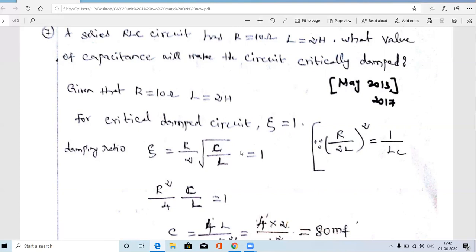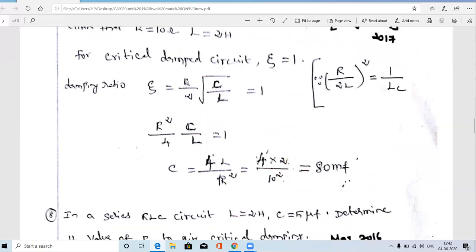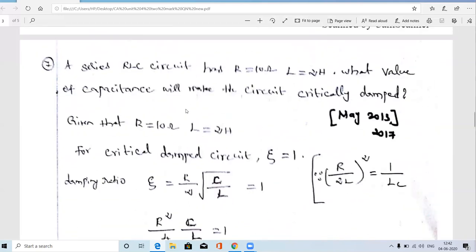The damping ratio must be equal to 1, so R by 2 square root of C by L equals 1. This is the condition. What is our question? Here R is given, L is given, and we have to find the value of capacitance under the critically damped condition.